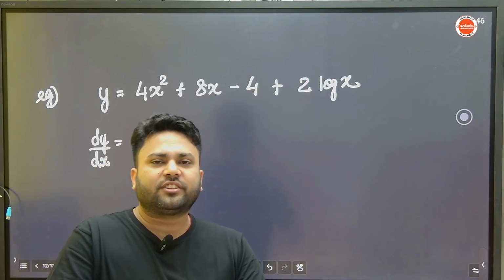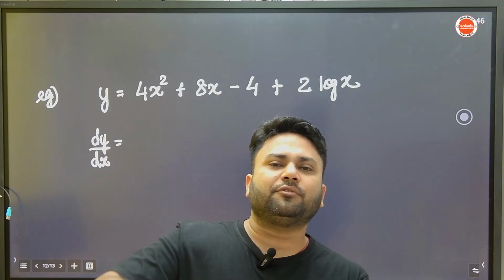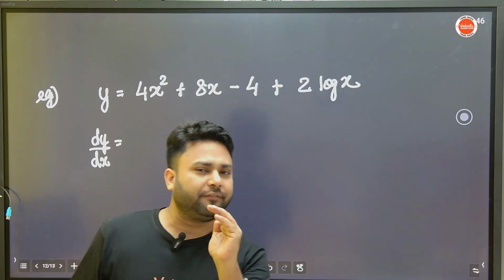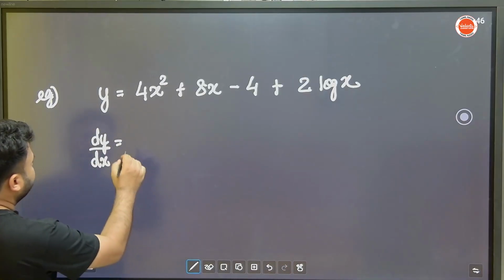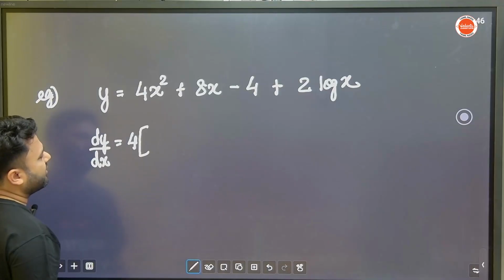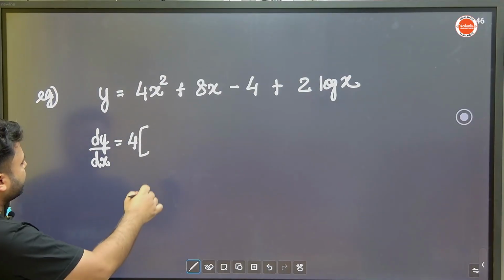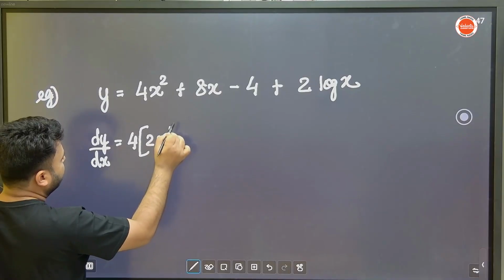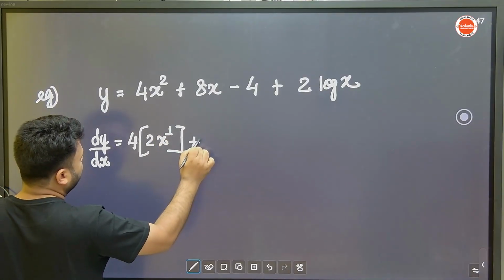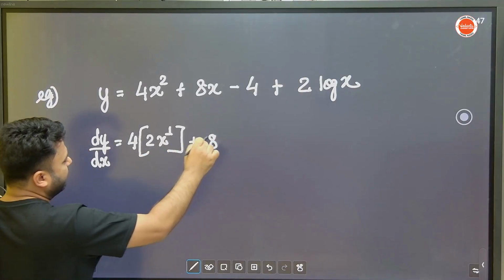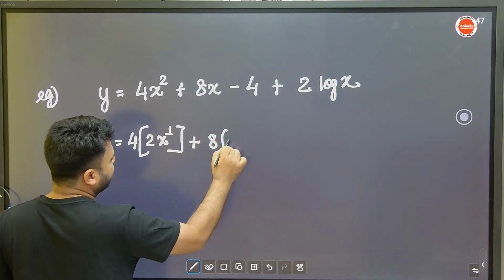Whenever there is a constant which is attached with some variable, means multiplied or divided, that constant we take outside. So here 4 we will take outside and we will differentiate x square. So x square differentiation, first we write power, then variable, then power minus 1, 2 minus 1. Again here we have one constant, constant we will take outside and we will differentiate x. x differentiation is 1.